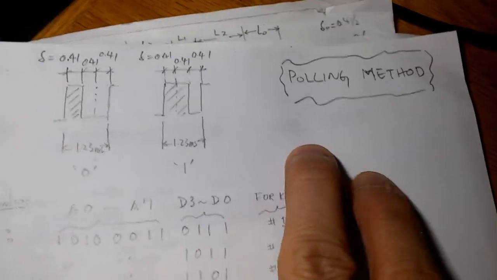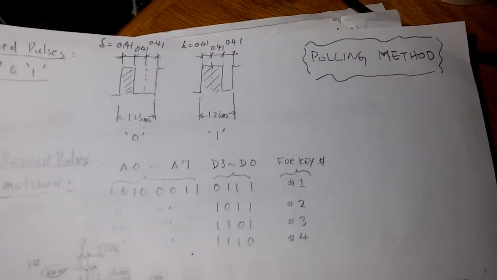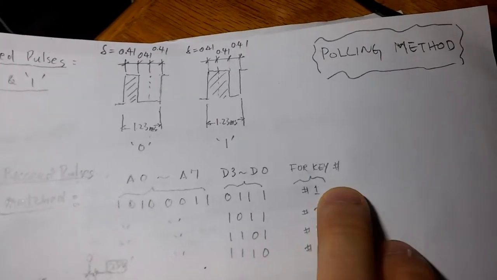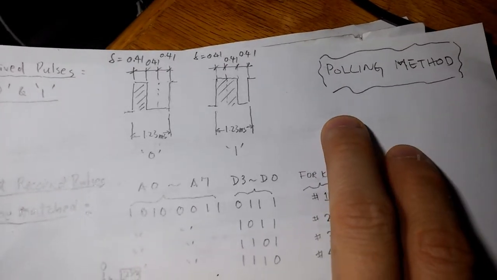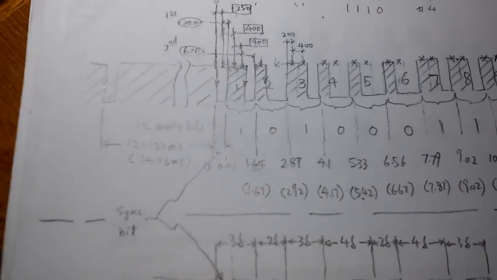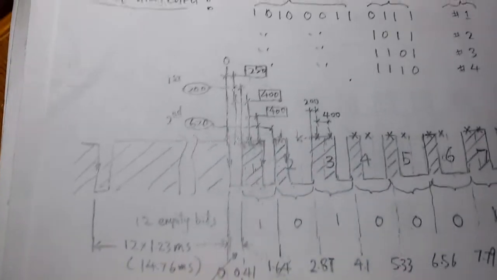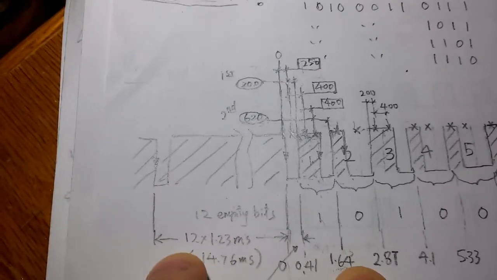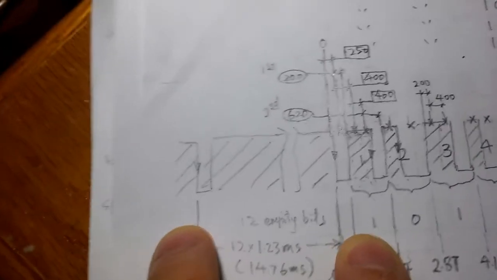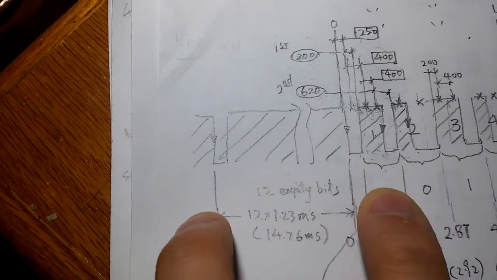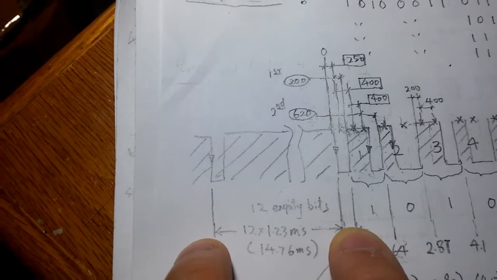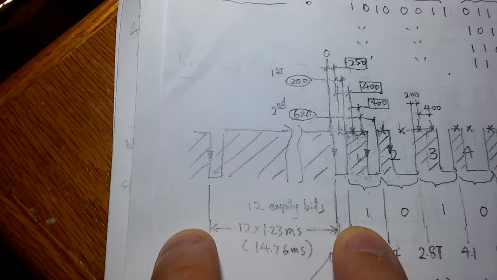Now the first method I use to decode in my program is the polling method. In the polling method, the first thing I missed to mention is here is the pilot bit.